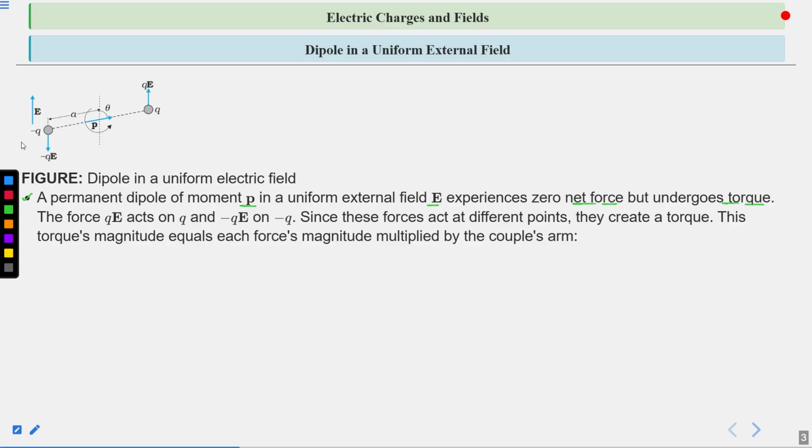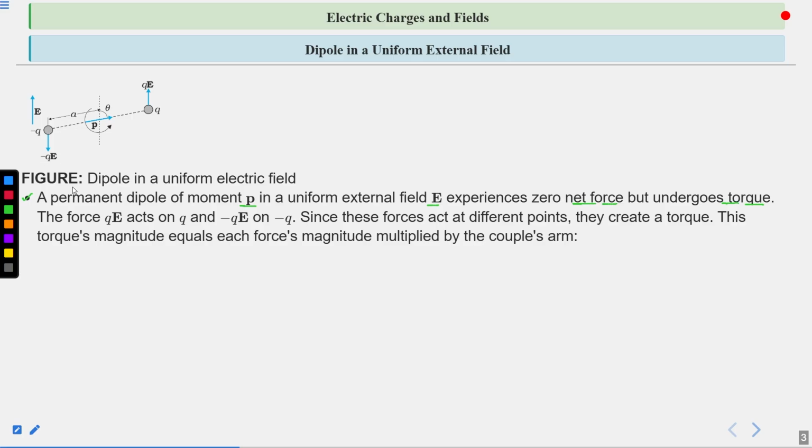It means when an electric dipole is placed in a uniform electric field, it feels forces in opposite directions. But the net force which is acting on the dipole is zero. But there is a torque.